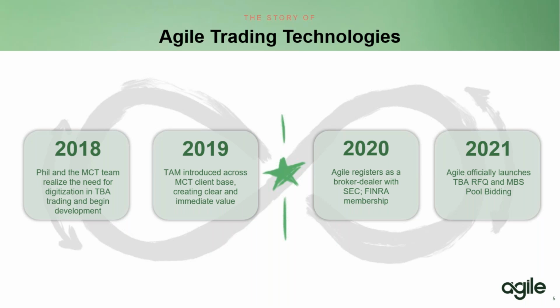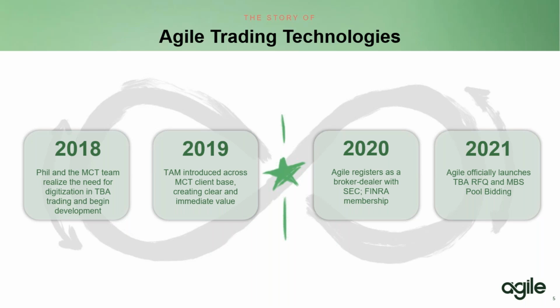So there was a lot of interest by the broker dealer community to create an electronic solution for the exchanging of TBAs. That work happened in 2018, and by 2019, it was introduced to the MCT client base. So for all of you MCT customers on the phone, you've been able to benefit from this electronic TBA trading functionality for over 2 years now.